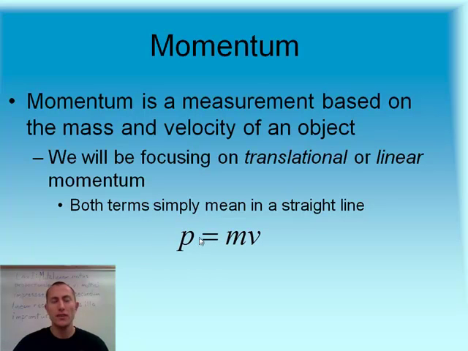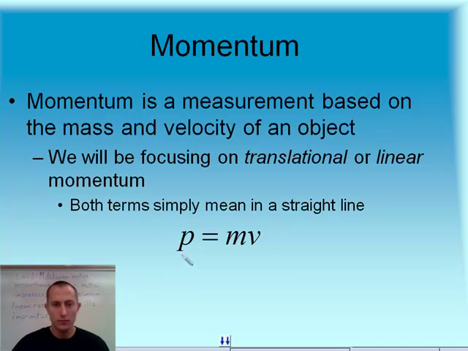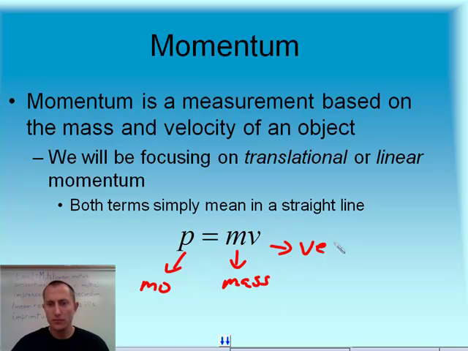But the equation, it's just another 3-variable equation. P, which is momentum. This is our momentum. This is our mass. And this is our velocity.